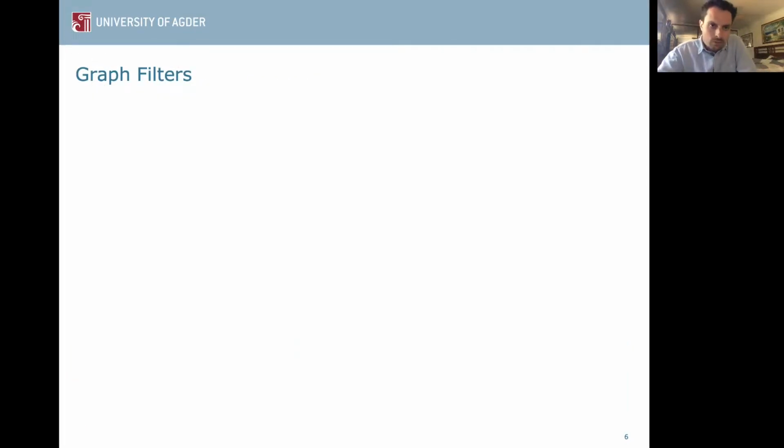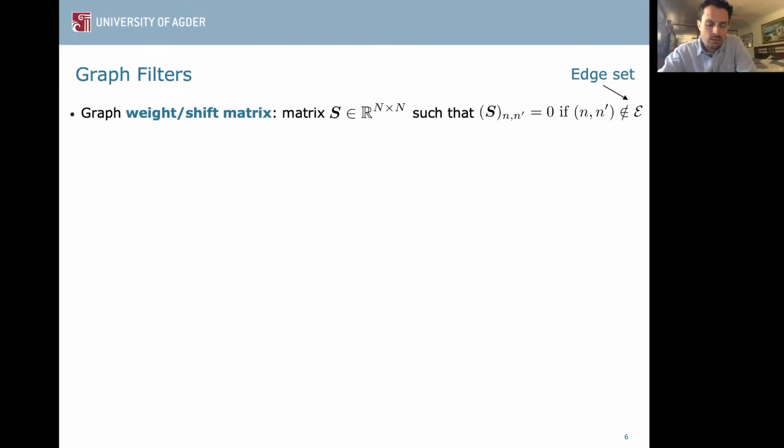The proposed approach is based on graph filters, so let us briefly review what a graph filter is. To that end, we need to review the notion of a shift matrix, which is nothing but a matrix of size number of nodes by number of nodes that has the same support, broadly speaking, as the adjacency matrix.